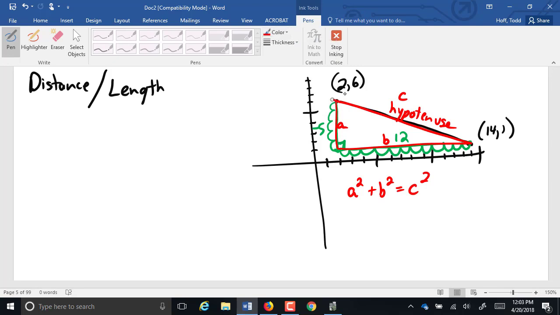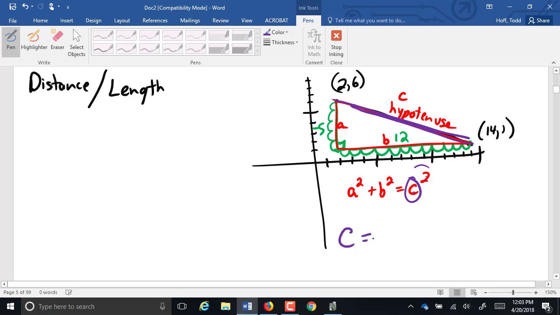C is going to be the length of that segment, or the distance between those 2 points. So I'm going to solve that by square rooting. So instead of A squared plus B squared equals C squared, C is equal to the square root of A squared plus B squared.